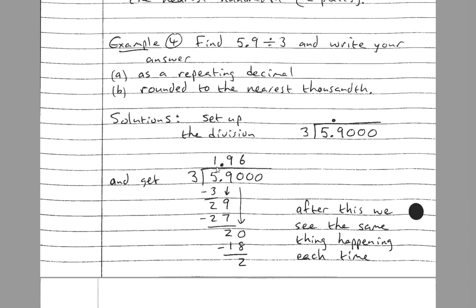3 goes into 5 one time. 1 times 3 is 3. Subtract. That's 2. Bring down the 9. 3 into 29 goes 9 times. That's 27. Subtract. You get a 2.